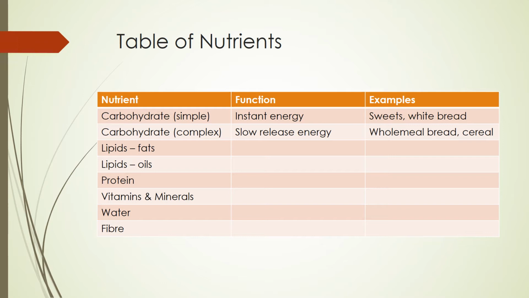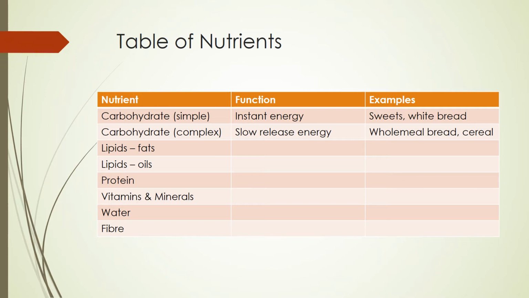First of all, look at the carbohydrates. It's now been filled in. The carbohydrates are there for energy. It's the only purpose it has. We take in carbohydrate to provide our bodies with the energy it needs, nothing else. And examples of simple carbohydrates are sweets and white bread.